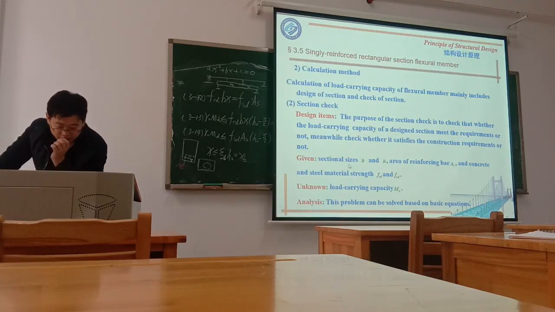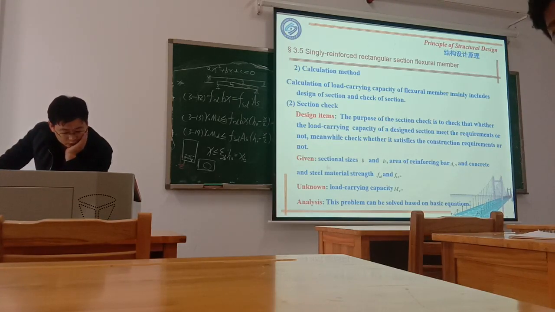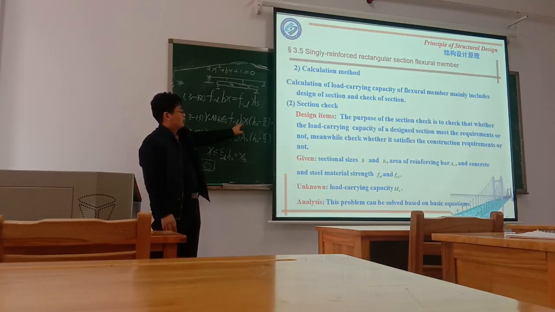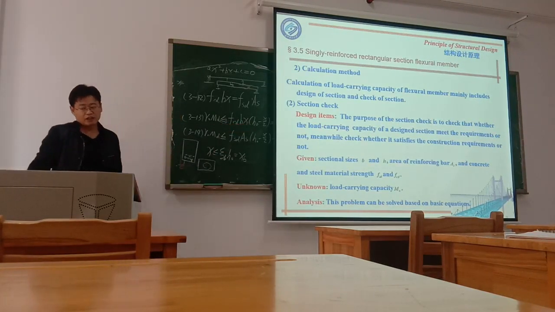So given the section size b, h, area of the reinforcement bar As, and the concrete and steel strengths fcd, fsd, then you calculate the load carrying capacity. This is so simple. Everything I told you is just calculating this thing, calculating the Mu.